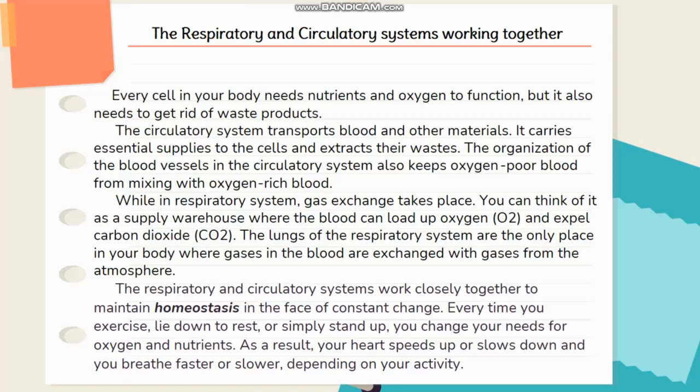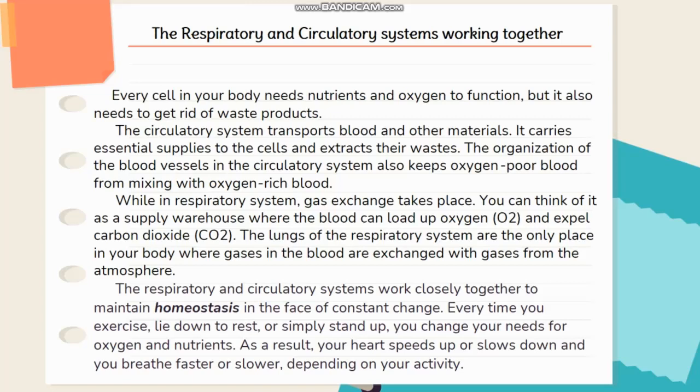The respiratory system is the one responsible for loading up our body with oxygen, and the circulatory system is the one responsible for delivering those oxygen and the different nutrients to the different parts of our body. So without the respiratory system, the circulatory system will not be able to do its function.